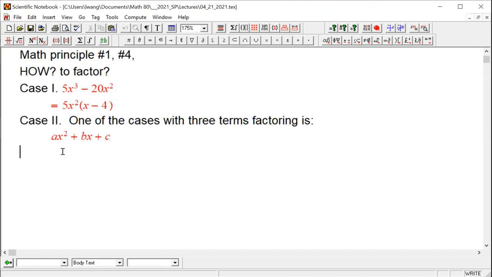Of course, you can have 3 terms that don't have to be in this form. But this form is considered one of those basic factoring forms, for the important reason of the fundamental theorem of algebra. Of course, you might not have learned that fundamental theorem of algebra, but that's okay.